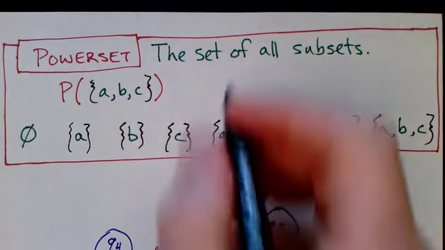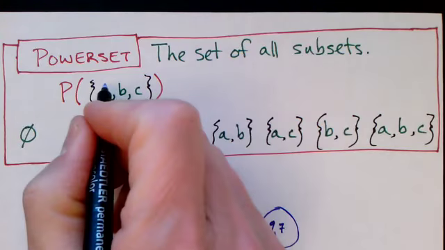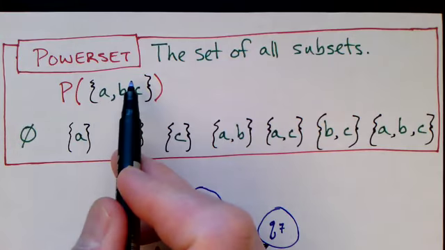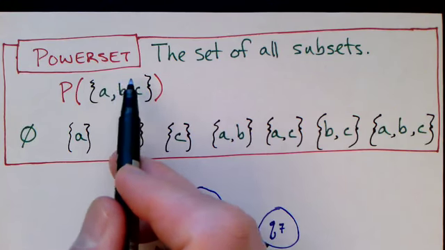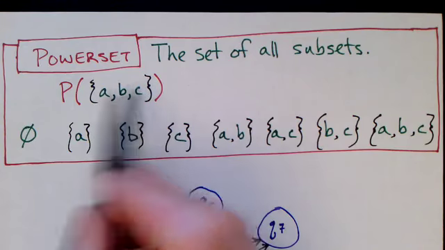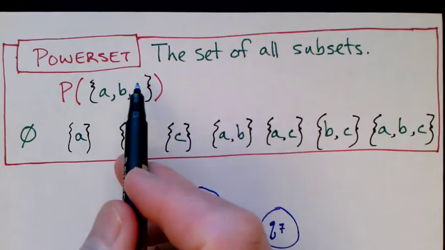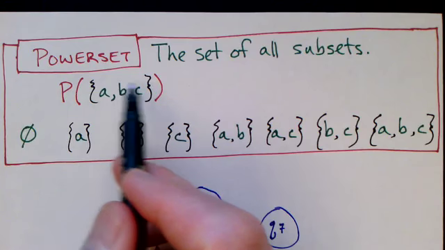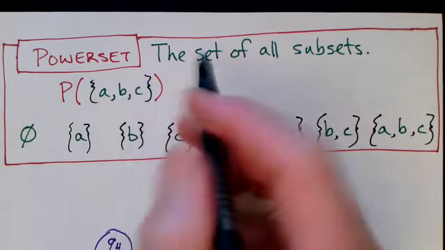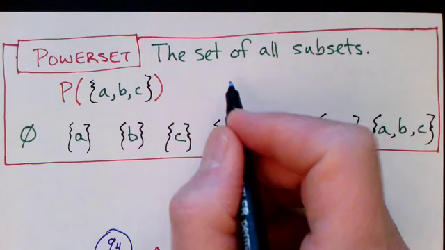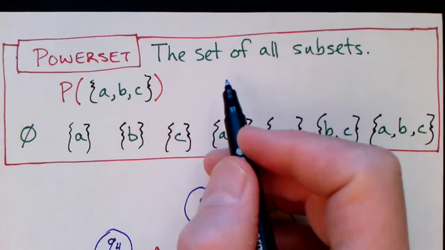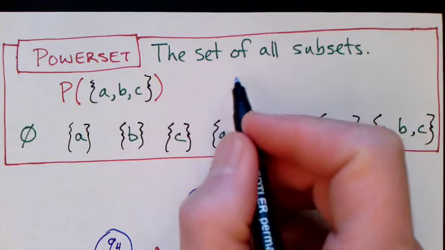Well, you can imagine that each one of these elements is either in the set or it's not in the set. And so you can indicate that by a 0 or a 1. If you have 8 elements in the set, here we have only 3, but if you have 8 elements, then you have a string of 8 zeros and ones. So the question is, how many possible strings of zeros and ones are there with 8 zeros and ones in them?